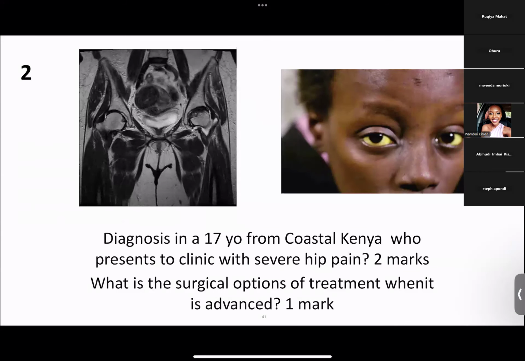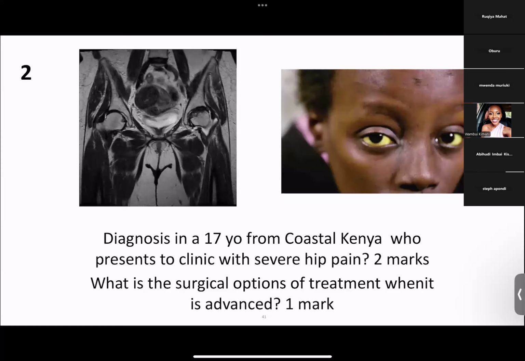Then this was a makeshift question I brought last time. Some people never got it, but some people thought very hard. And always look at the stem, because I want you to get the question, but I'm not going to tell you it's this, isn't it? So if we look at the stem here, I've said a 17-year-old from coastal Kenya presents with severe hip pain.